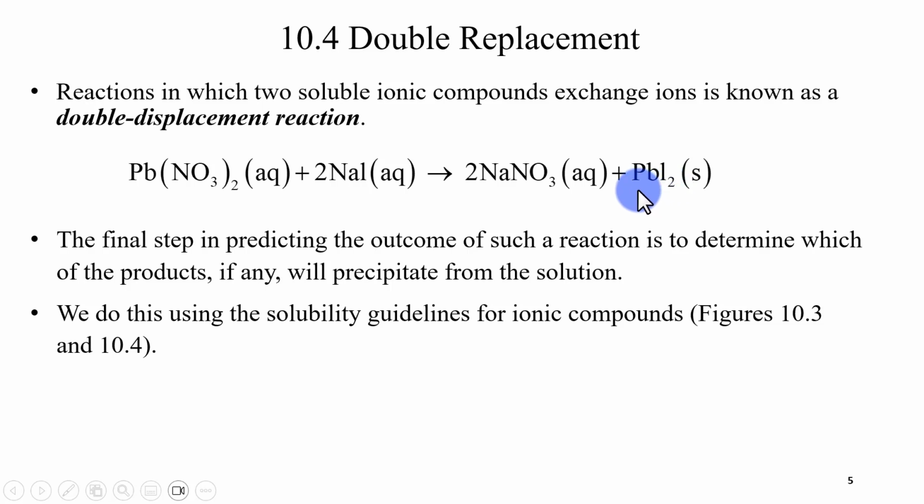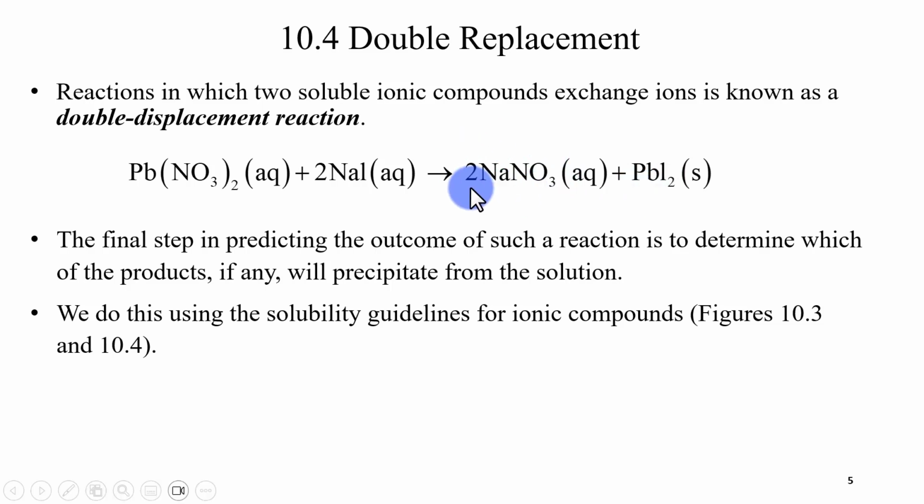Once you establish the correct formulas of the new compounds, when we balance these, do not change the subscripts any longer. Just put coefficients in front of the molecules. Once I write and balance this, I also need to figure out whether I made two soluble compounds as products, or if one of them is insoluble.